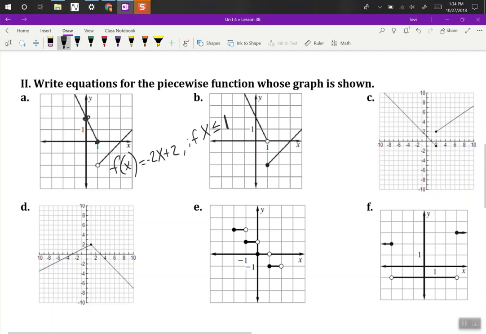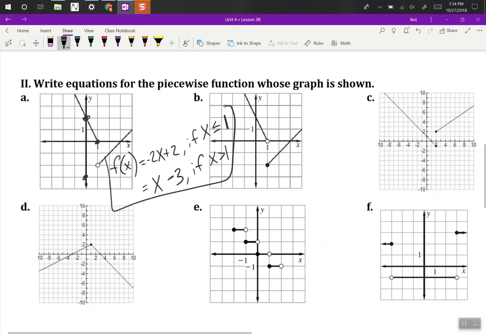Our next graph, if we continued this out, we'd have a y-intercept of -3, and it looks like we're going up 1/1, so it would be x. And our constraint is going to be for x values that are greater than 1.